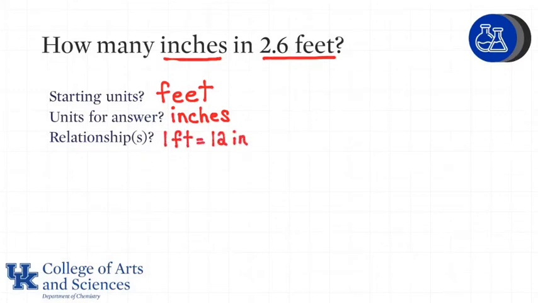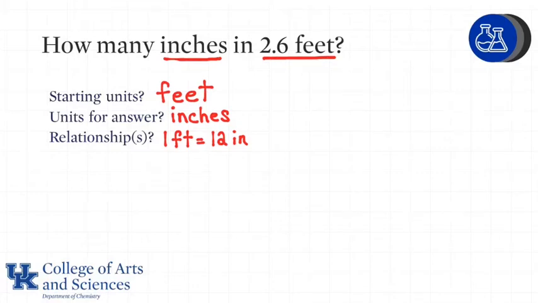Sometimes you'll have multiple relationships, and sometimes you might write down a relationship that you don't actually need, and that's okay. You'll also see that some problems, especially multi-step problems, have multiple ways to get from the starting units to the units for the answer. There are multiple strategies that will work for many problems as long as your units work out correctly and you get to the right answer.